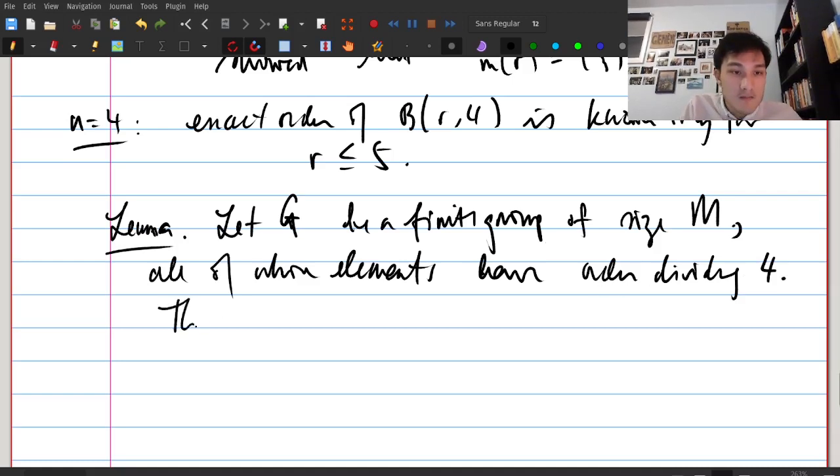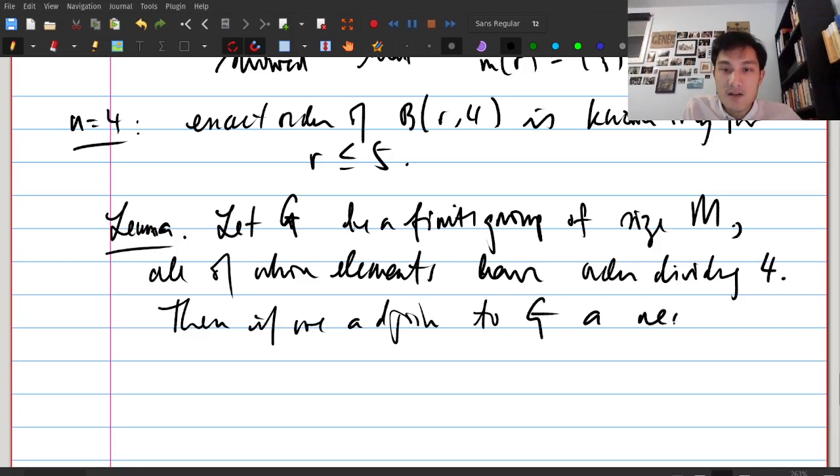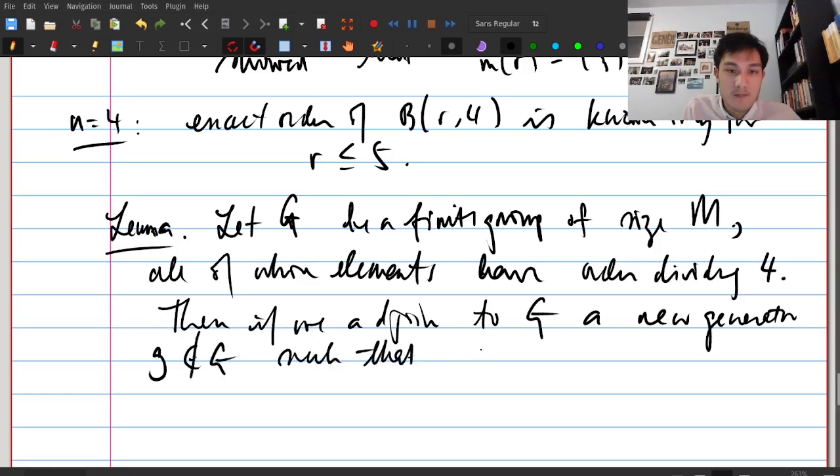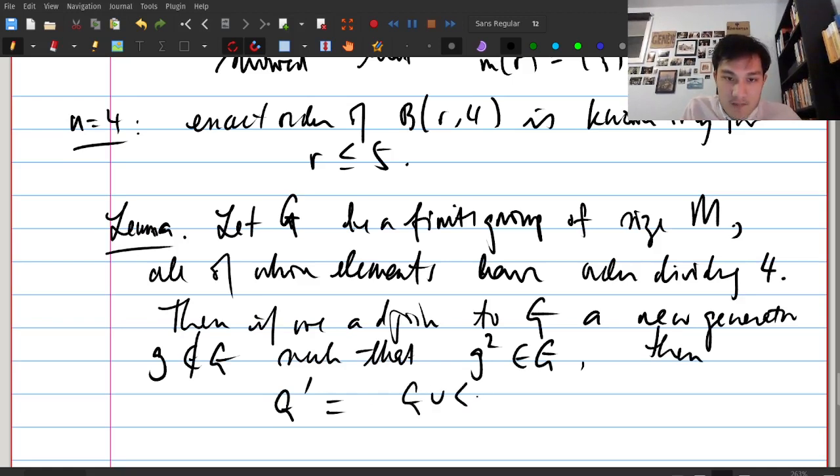Then if we join to G a new generator, S, not in G, such that S squared is in G, then letting G prime equal G union S, mod out by S to the 4.